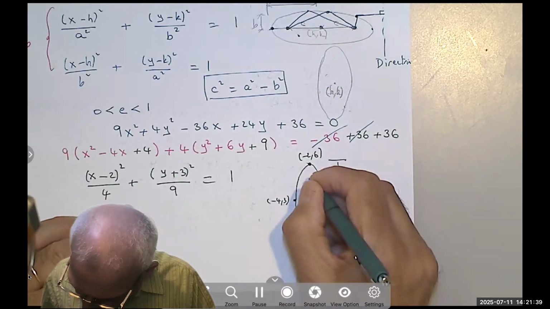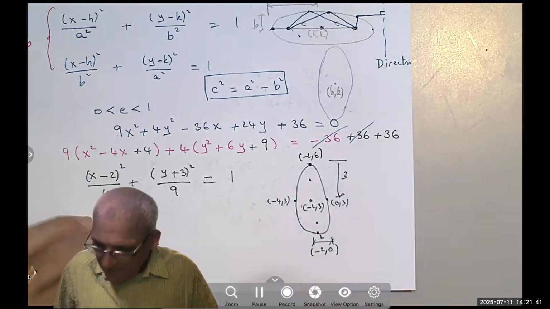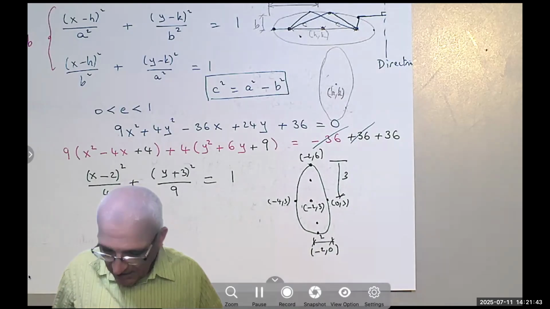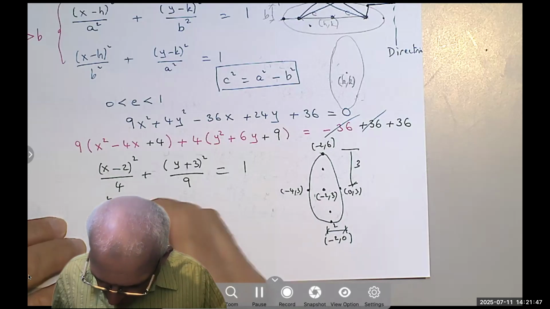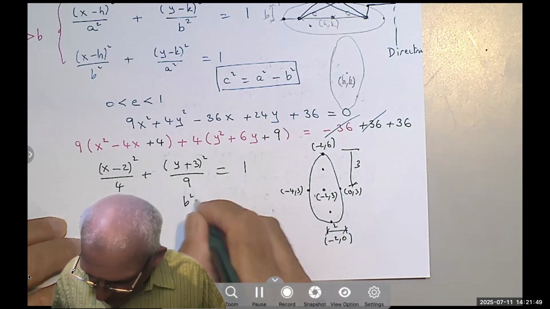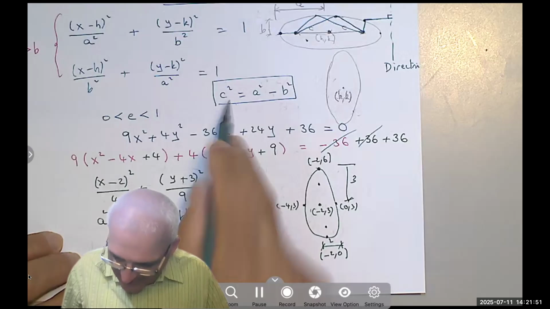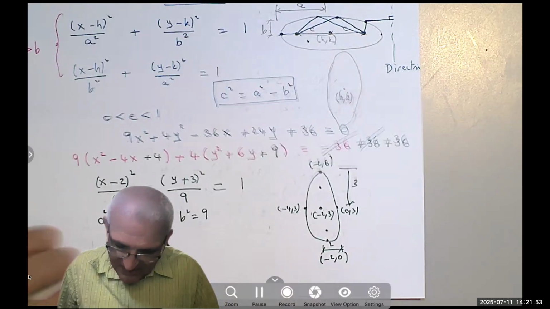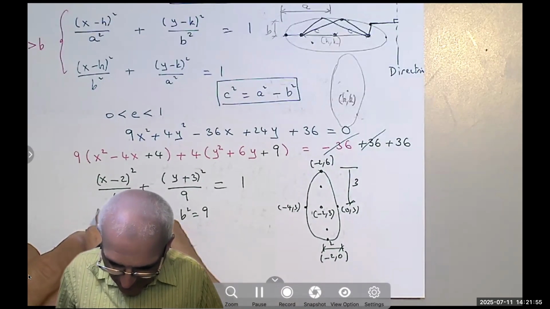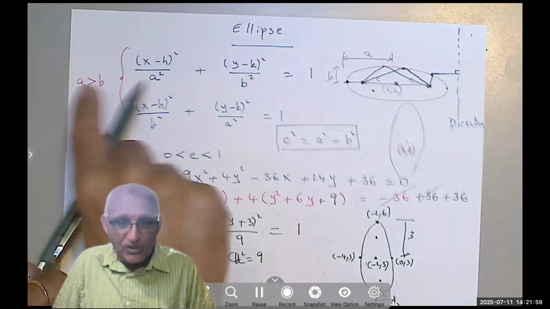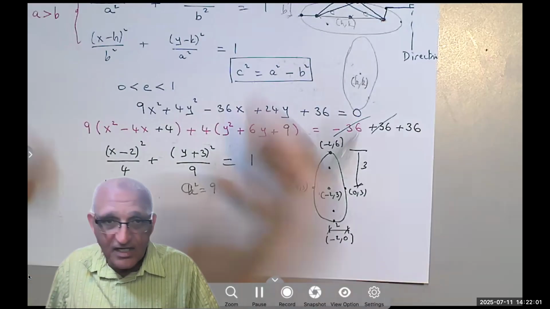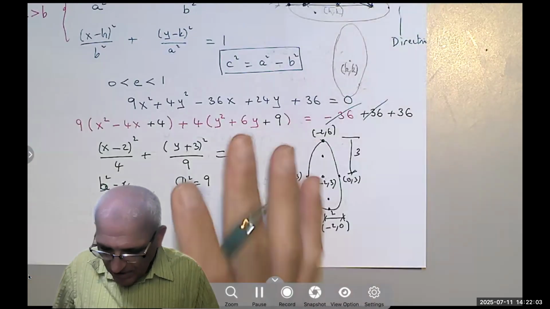If you want to find where the foci are, we know that a squared equals 4 and b squared equals 9. And we know that c squared, in this case, that's b squared minus a squared, sorry, right? We said the larger of the two is the one we take first. That's what we assumed. I mean, you can assume anything, but to be consistent.